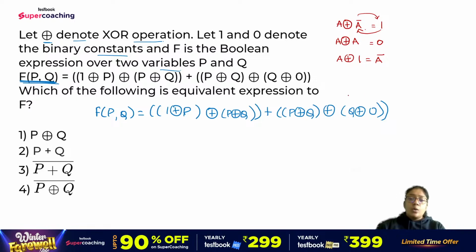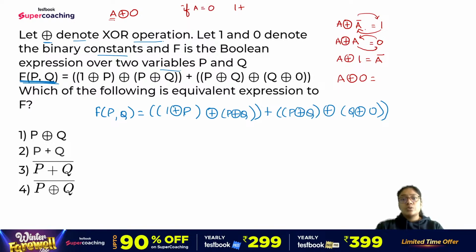Okay. Now let us use this, and if I apply this rule here, A XOR 0, you can find it from here. You can consider some value of A. If the value of A is 1, this comes out to be 1 XOR 0. If I'm considering this expression A XOR 0, I have to find the value. How can you find it? You can put the value of A and see what result you will get.